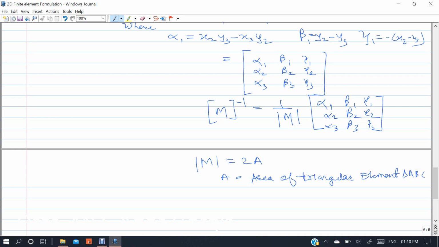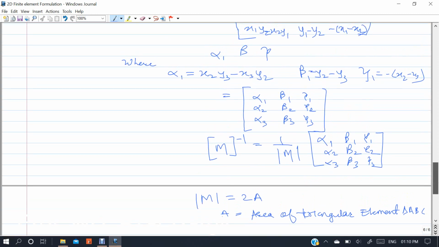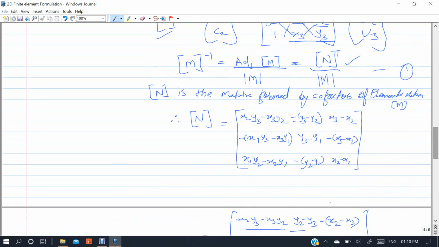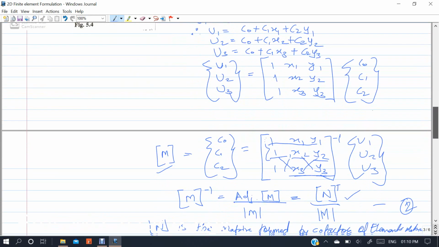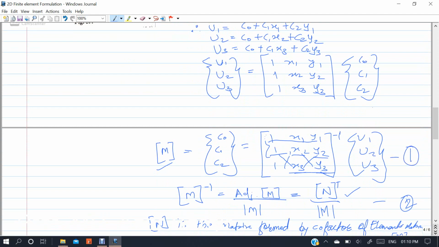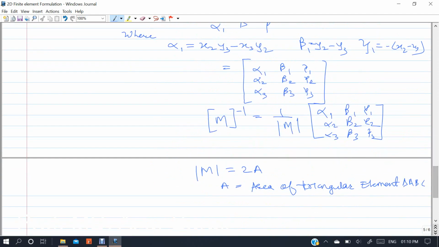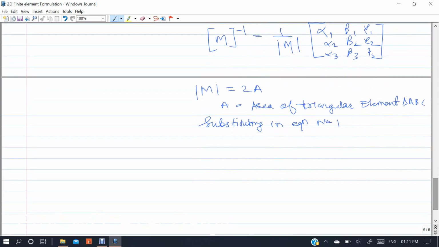Okay, so now we can substitute in this equation. This will be equation number 2 and this will become equation number 1. So we substitute this in equation number 1.